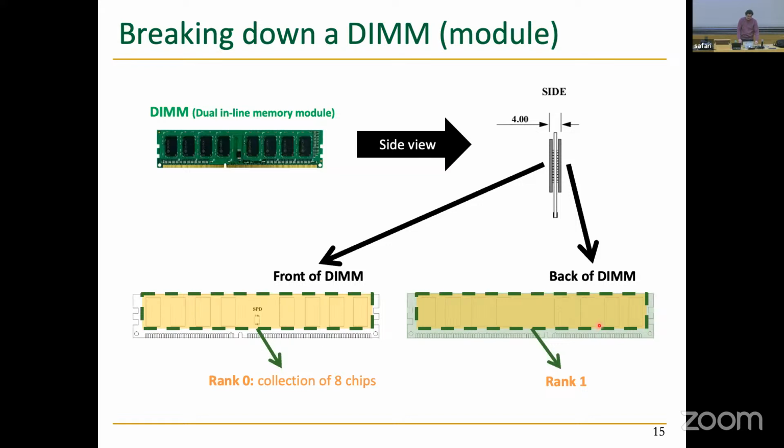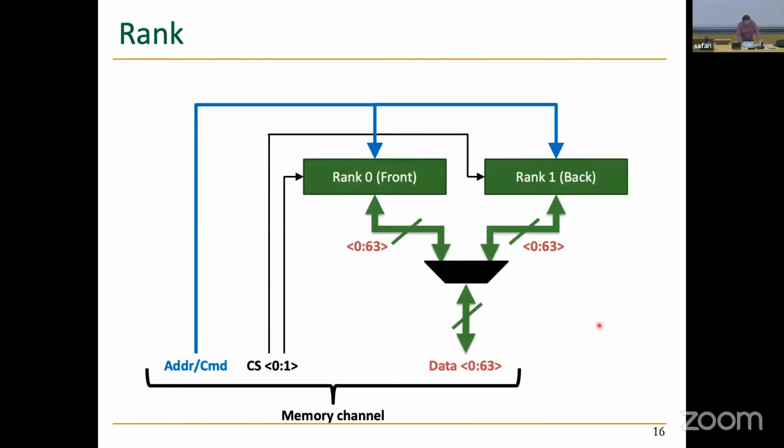Typically on one side of the module, you will have one rank of chips. Why do we have this rank naming here? Because they share the command and address buses as well as data buses.